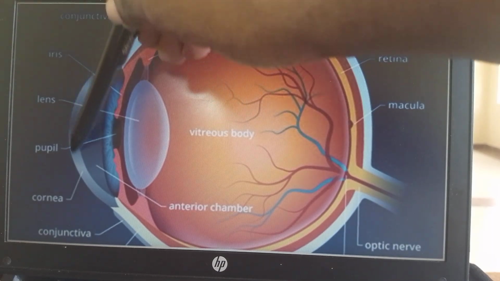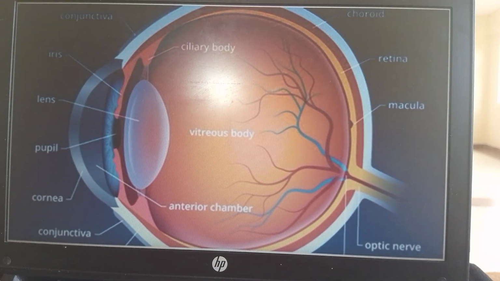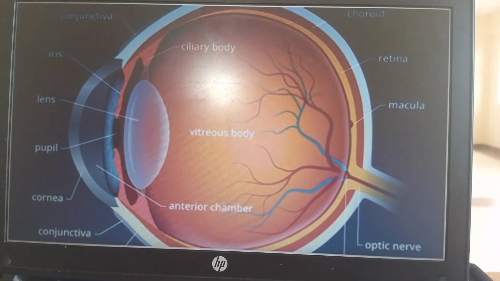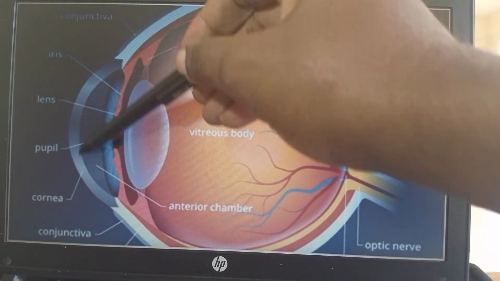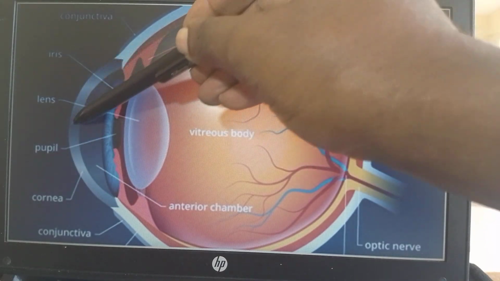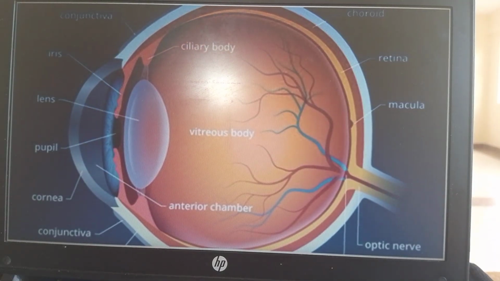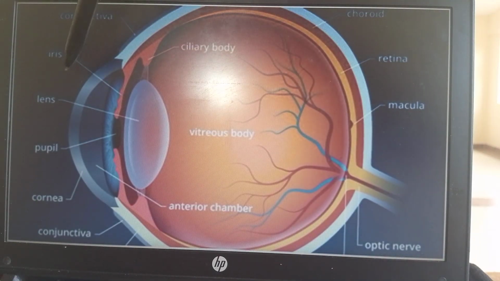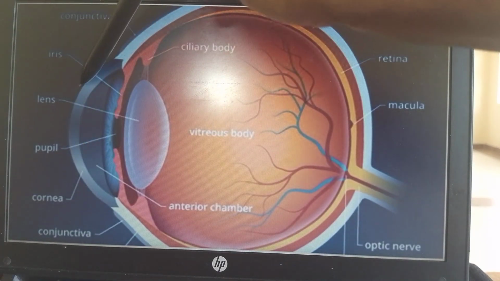It also serves a function of nourishment to the cornea. Remember, the cornea is avascular, and therefore it obtains its oxygen direct from air, and that's the function of the tear film, among others.